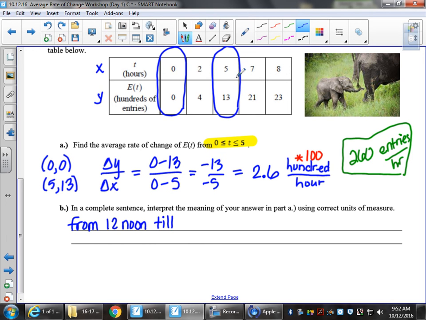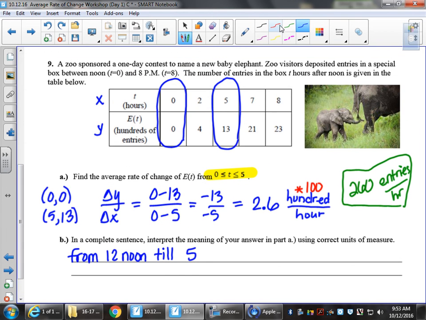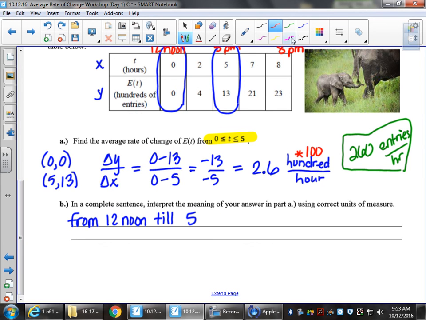What time does 5 correlate to? 5. Let's see, this is 12 noon. This is 8 p.m. What's 5? 5 p.m. So from noon till, excuse me, 5 p.m., the zoo got what?